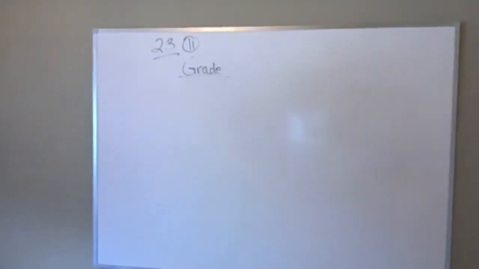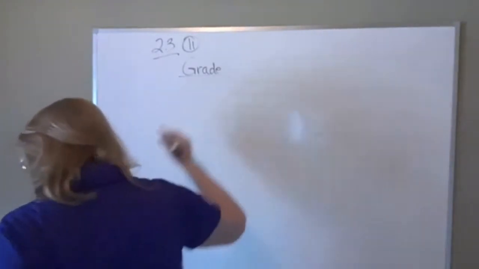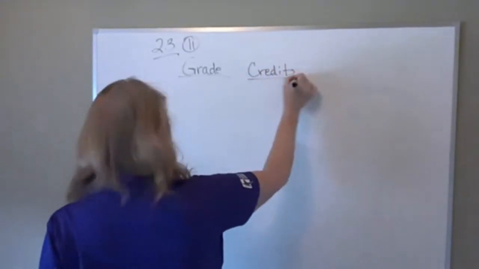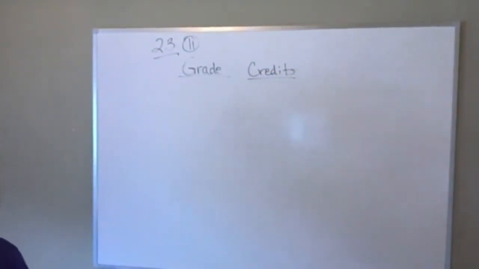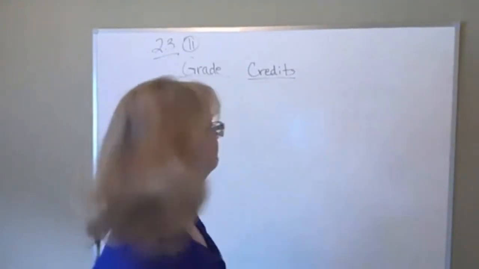And it's going to give me a grade, and then it's going to give me how many credits it's worth. And then it says it wants to know what's the student's weighted grade point score, which is GPA.